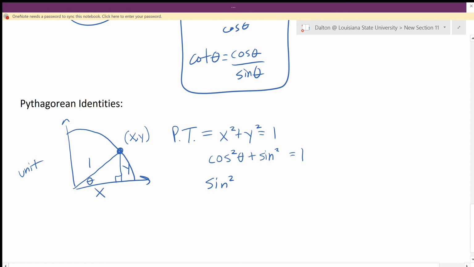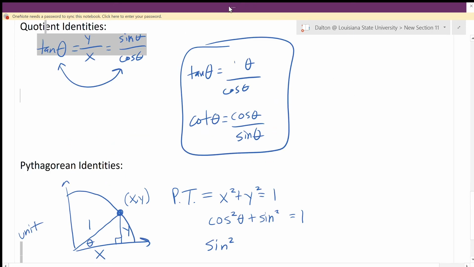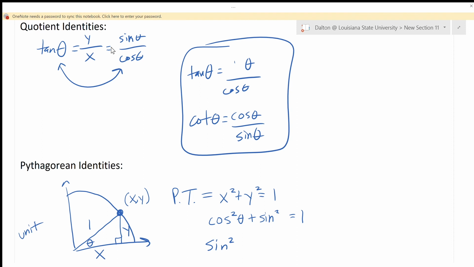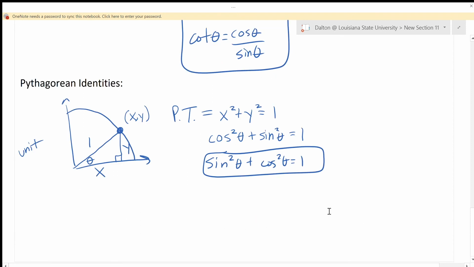Typically in the identities, and maybe just because it rolls off the tongue easier, it's written as sine squared theta plus cosine squared theta is equal to 1. This is your first trig identity. Okay, so there's the first.